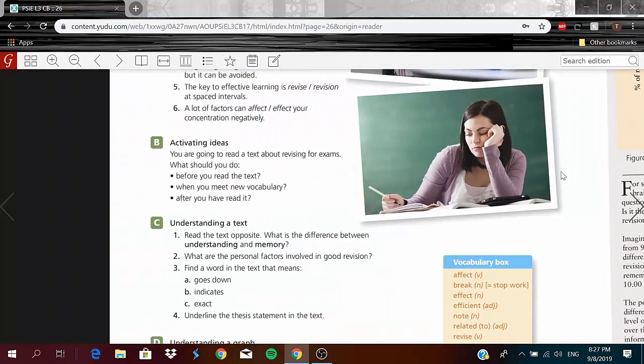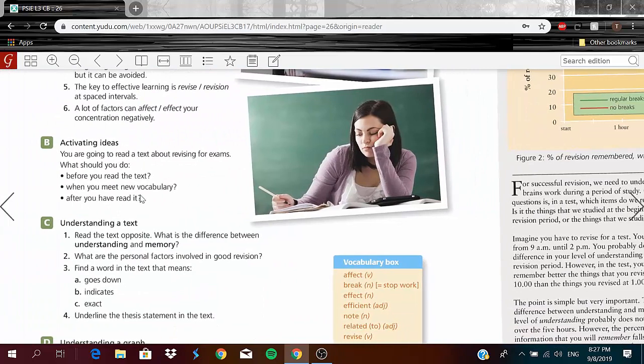So what else do we got? When you meet new vocab, okay, so new words that you'll come across, and this will happen to you a lot. So when you're reading, you're going to find out that there are a lot of words that you might not know. So what do you do? So I'd say try to understand the sentence without the word.